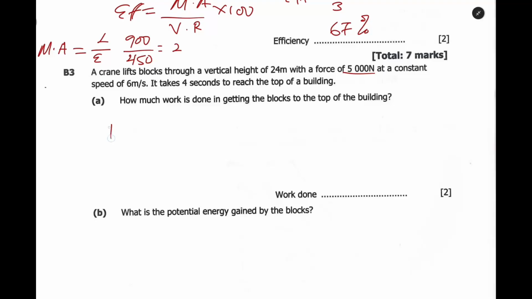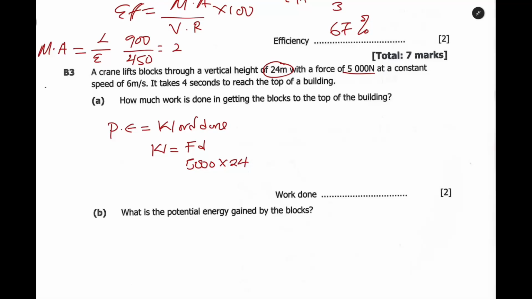So work done here is equal to, or potential energy is equal to work done. Okay? So work done therefore is going to be the force that is given and the distance. What is the force? I've put this because this is vertical. So 5,000 multiplied by, what is the distance? 24.